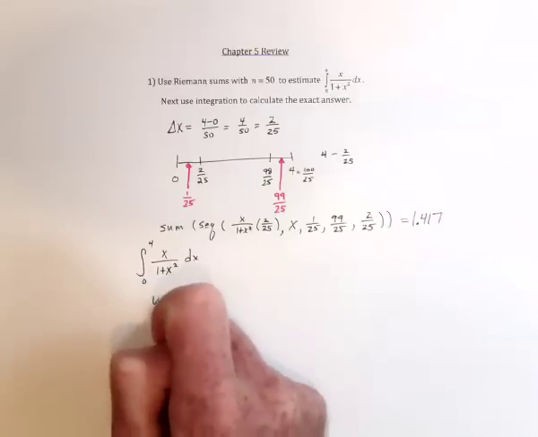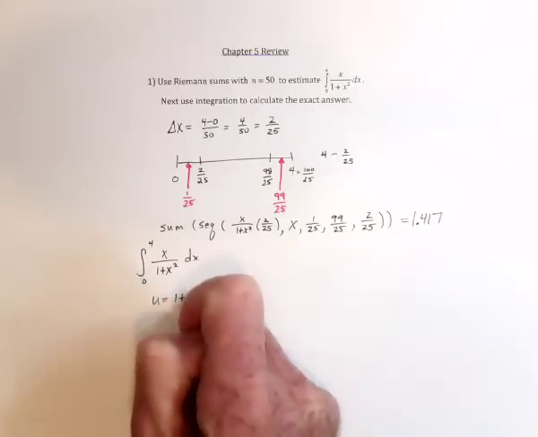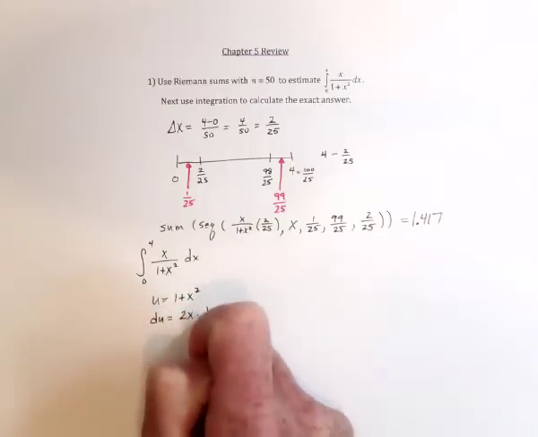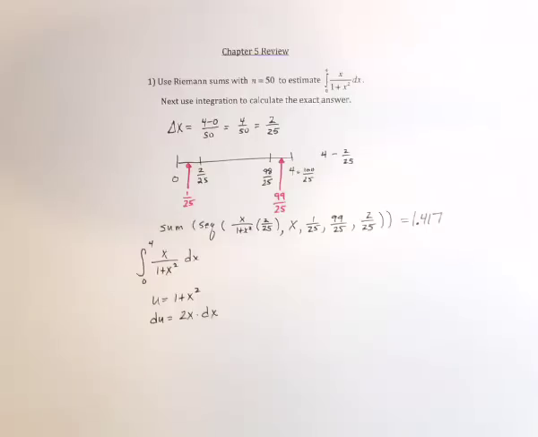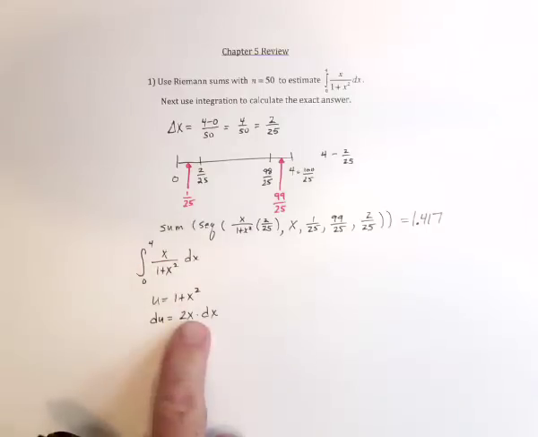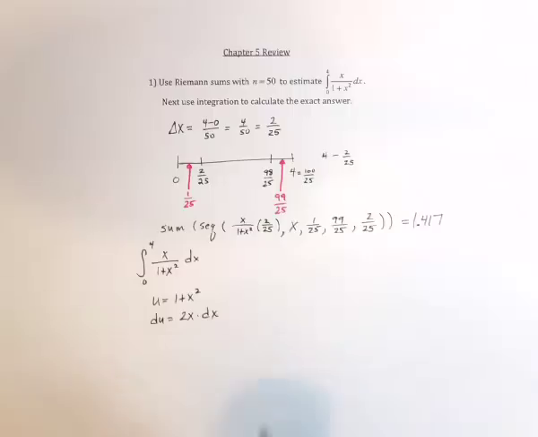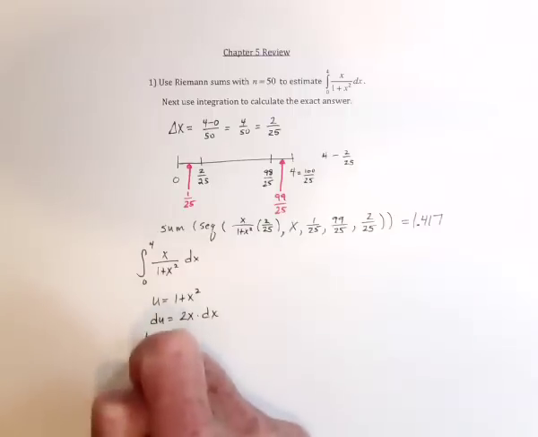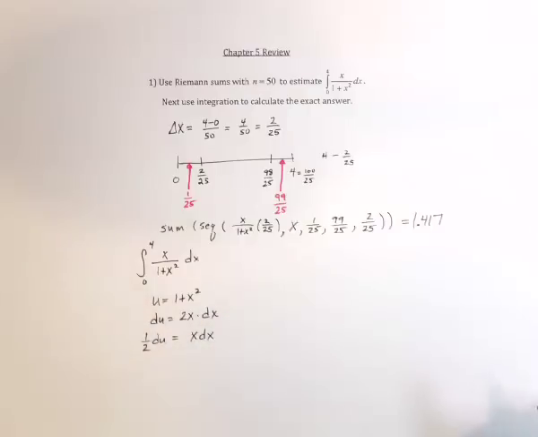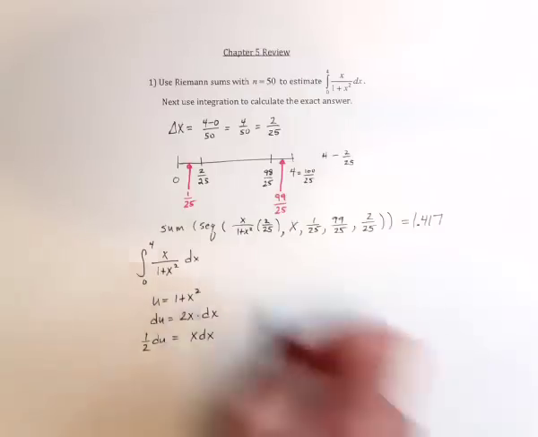Let u equal the denominator, because I see that if I take the derivative of that, x dx is sitting on top, and I get x dx right there. I just need to multiply both sides by 1/2 so that it's set up perfectly for the u substitution.